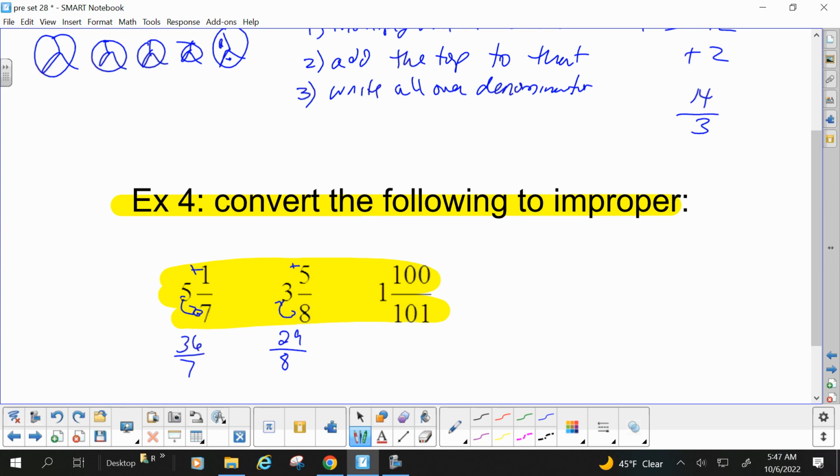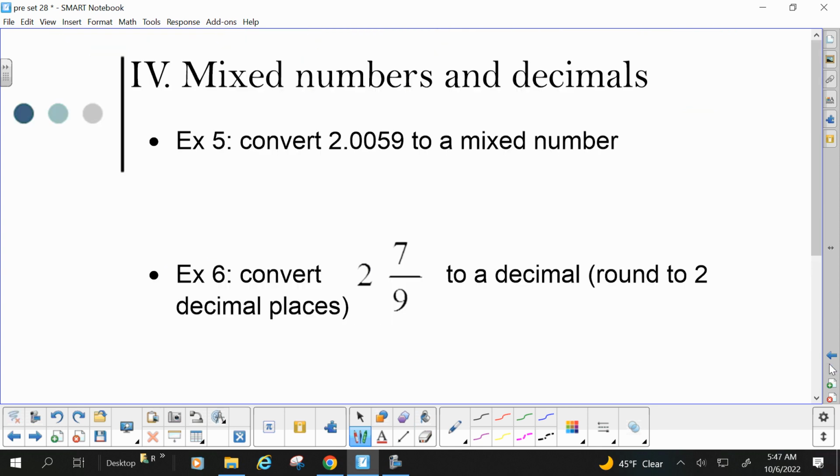This one's a little bit gross. 1 times 101 is 101. Add 100. 101 plus 100 is 201 over 100. How we do? How we do? Good. Okay.